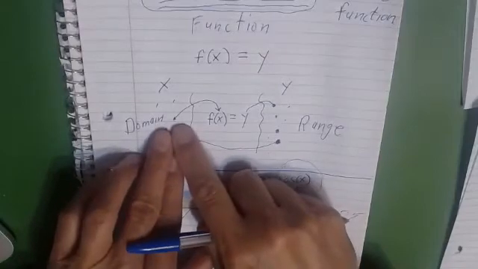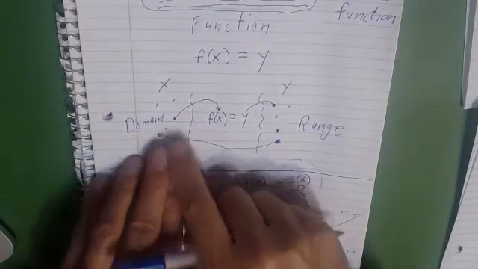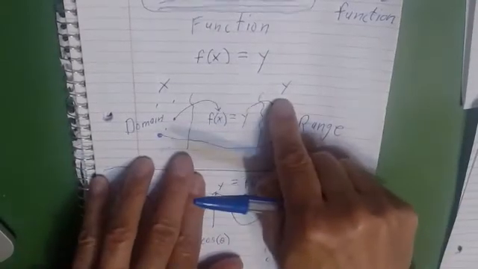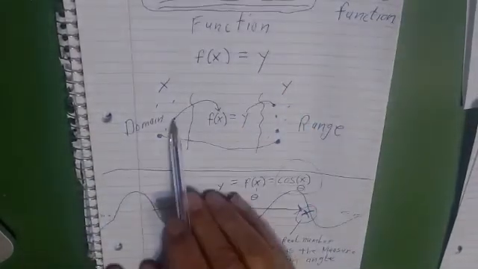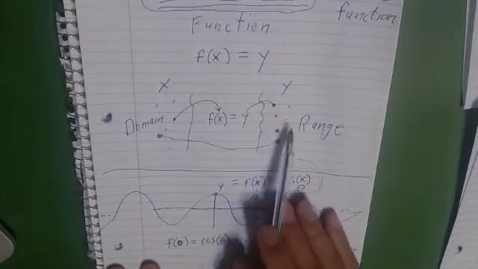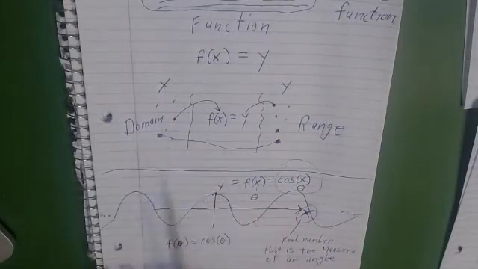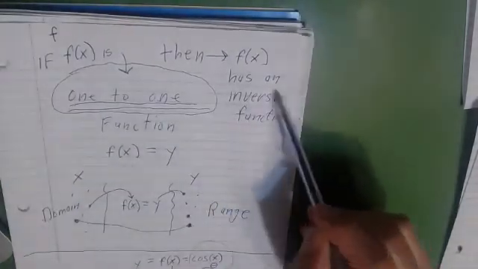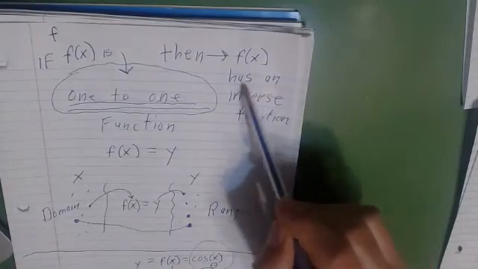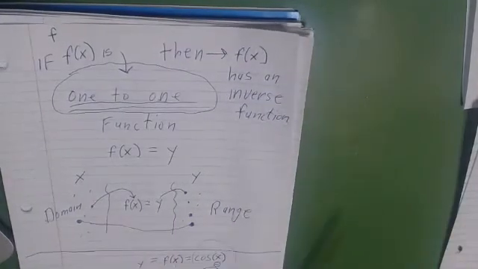Because it's still possible that there could be another x that gave us the same y. And we have to take care of it in both directions. For any x, there's only one y. For any y, there's only one x. When that's satisfied, then the inverse of that function exists. There is an inverse for that function, okay?